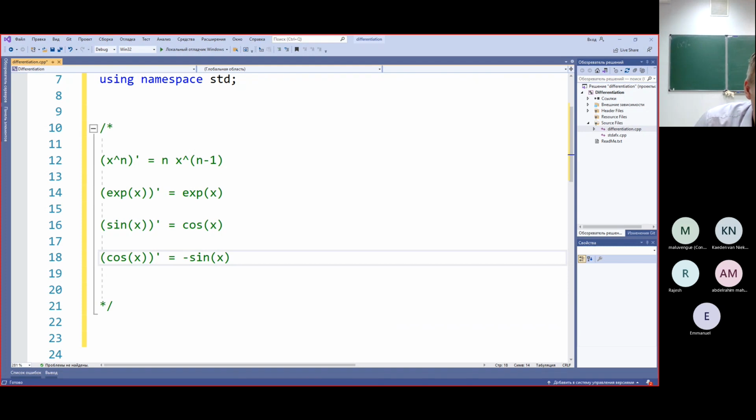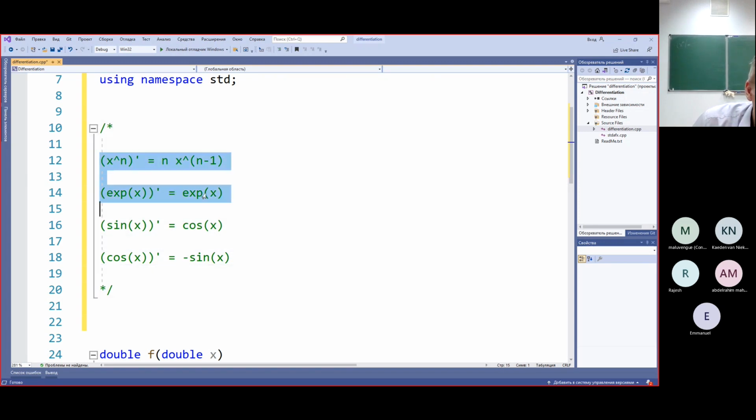We consider not general rules, but these very simple rules. But you can type differentiation rules and find the page on Wikipedia where you may find all of the rules. Well, we will use these two functions as examples, because it's rather simple to find the derivative.